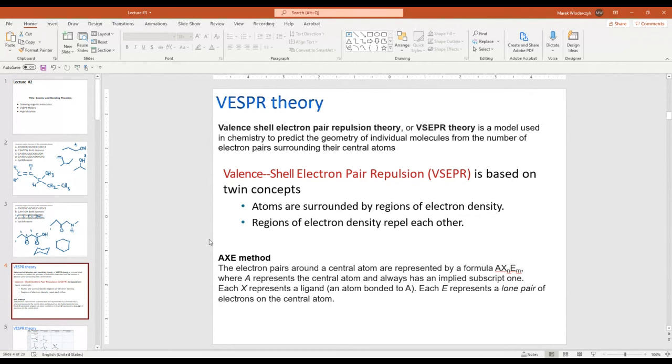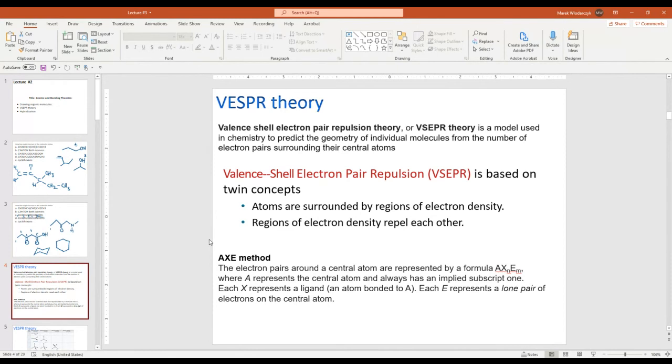And this theory is very often used with what is called the AXE method. The AXE method allows you to predict, again, the shape of the molecule around the central atom based on the substitution pattern around this atom.